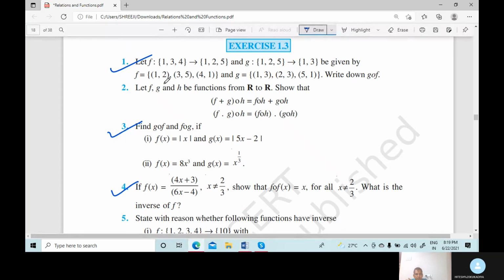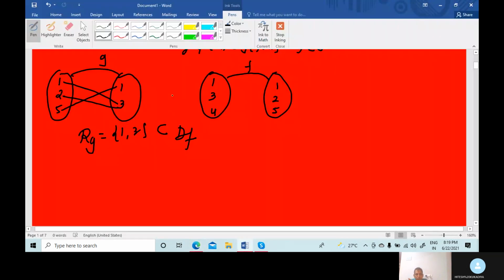Okay, the relation of f: 1 to 2, 3 to 5, and 4 to 1. For the function g, the domain element is x and we get the answer g(x), which is the range of g. Now g(x) for the function f is called x.